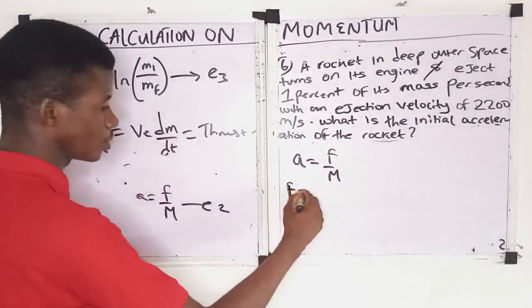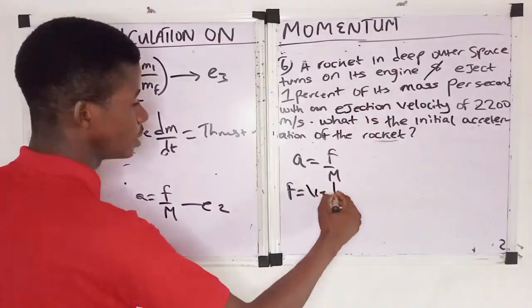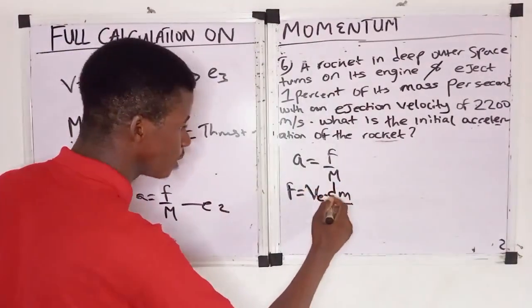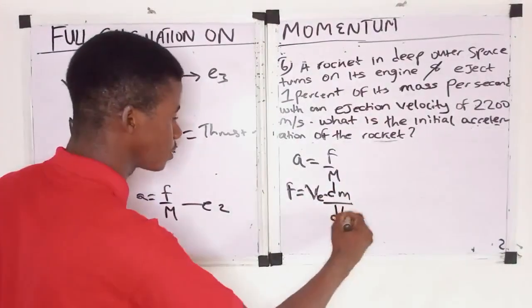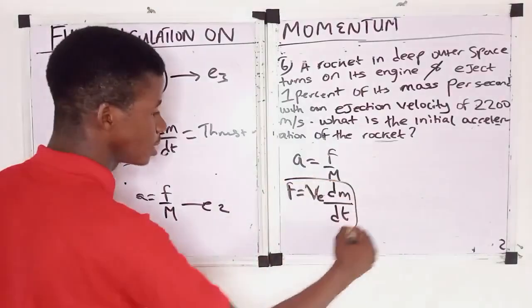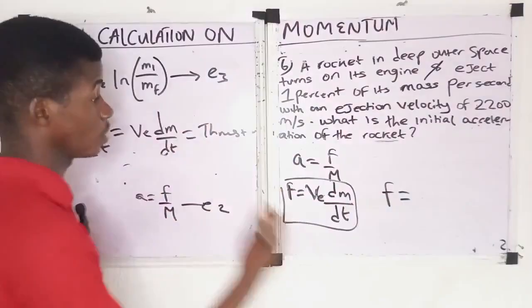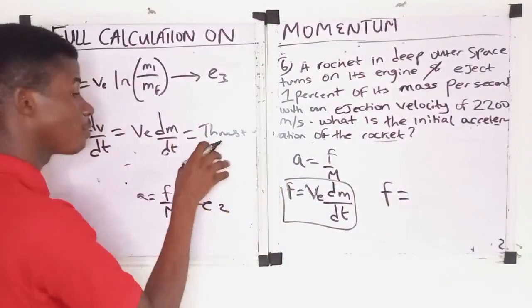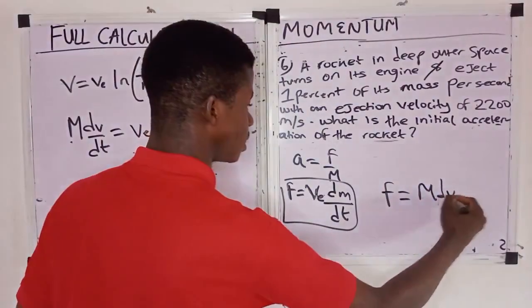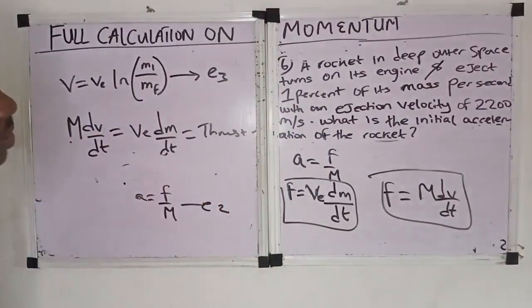Let's use force or thrust equals Ve dm over dt. Another formula for thrust, or force, is m dv over dt.